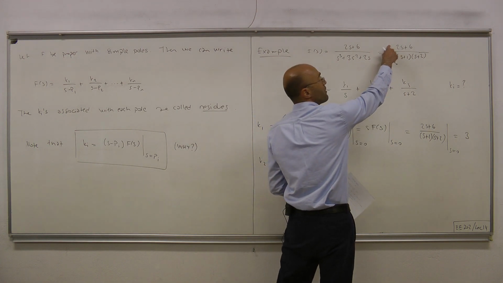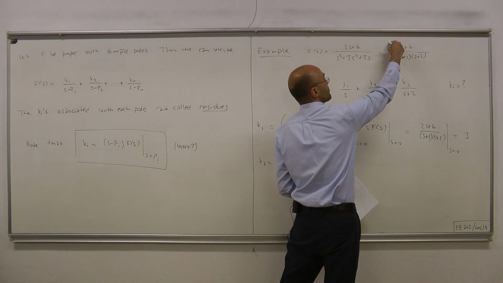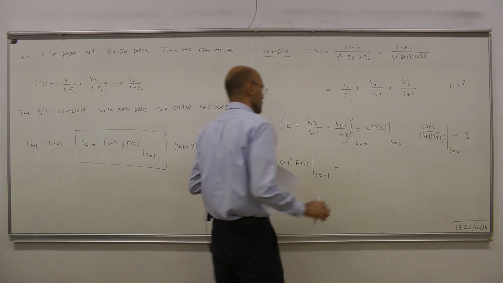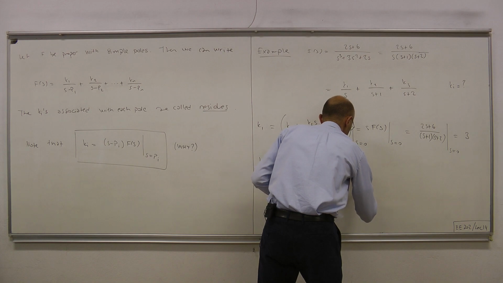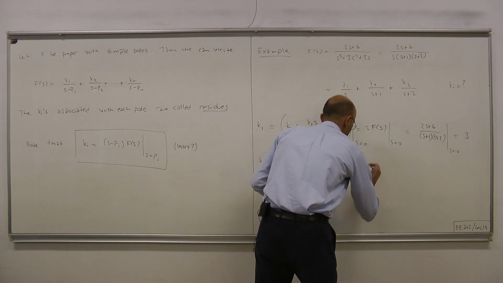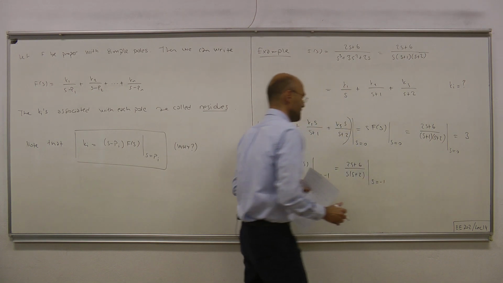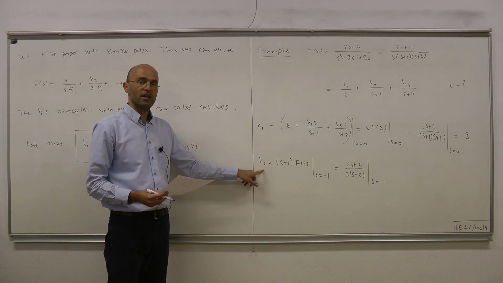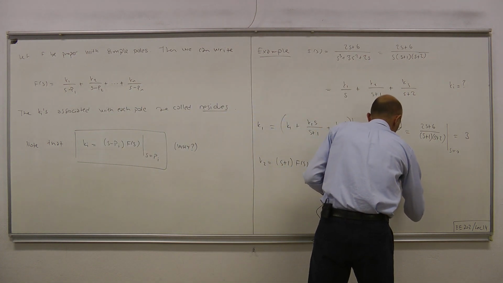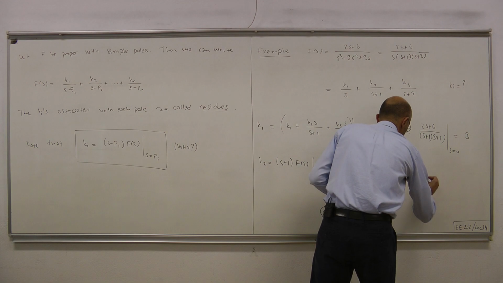So multiply this with (s + 1), and then that (s + 1) will cancel with the (s + 1) in the denominator. So we have (2s + 6) over s(s + 2), and then we evaluate this at s equals minus 1, and that will give us k2. 4 over minus 1, that's minus 4.